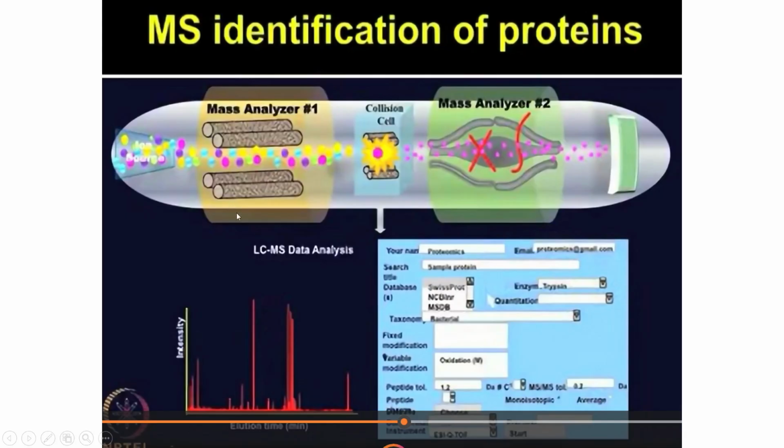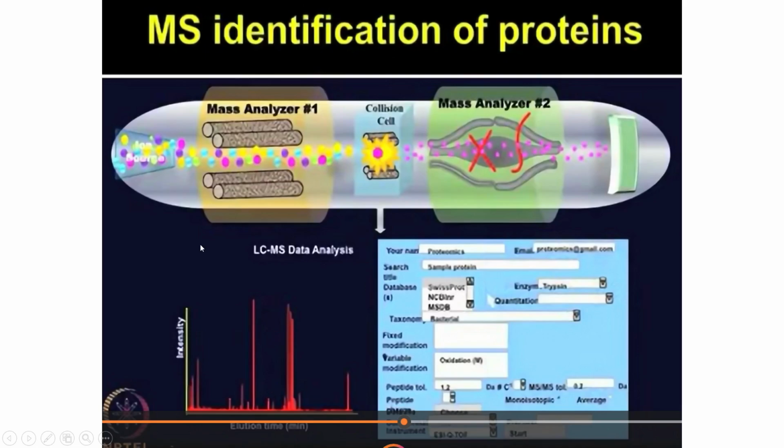So here we can see a quadrupole mass spec, wherein there are four poles which help in fragmentation of the protein coming in contact with the ion source. So this is mass analyzer 1, this is mass analyzer 2. So this is MS1 and MS2.